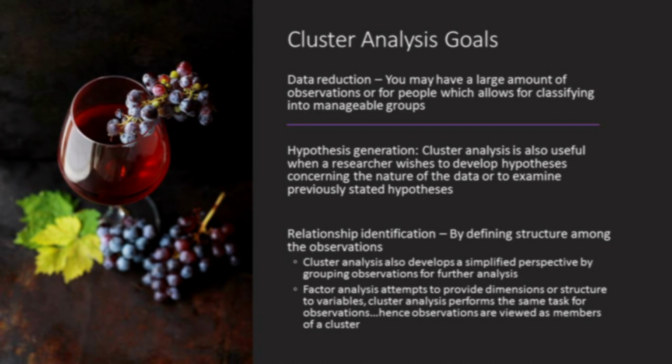Relationship identification. By defining structure among the observations, cluster analysis also develops a simplified perspective by grouping observations for further analyses. Factor analysis attempts to provide dimensions or structure to variables. Cluster analysis performs the same task for observations. Hence, observations are viewed as members of a cluster. That's a key difference here.